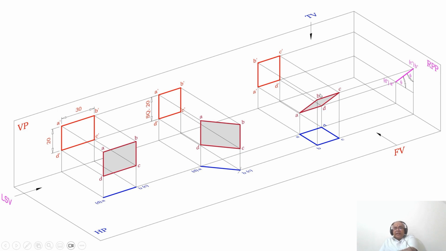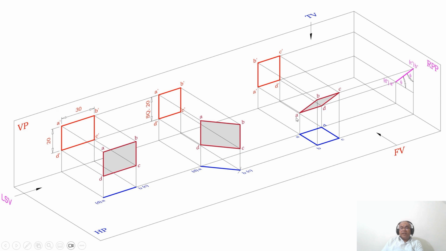So when you rotate it and keep it, and when you look from the side view, since the surface is inclined to VP and also inclined to HP, obviously this rectangular lamina is perpendicular to the profile plane, which is this profile plane, RPP here. So therefore you will get a line in the side view because it is perpendicular to the profile plane.